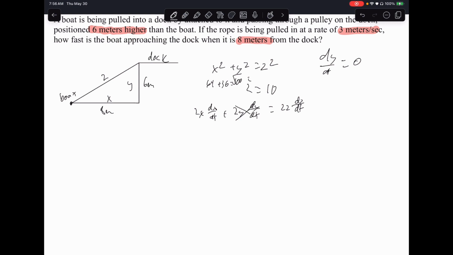For dz/dt, it's given as 3 meters per second. So we can input this value, and we know z to be 10. So it would be 20 times -3, because it's getting pulled in. Because it's being pulled in, it'd be -3 meters per second.